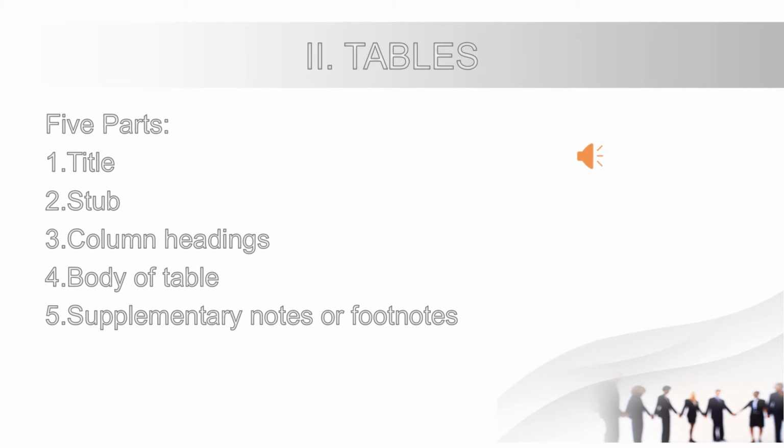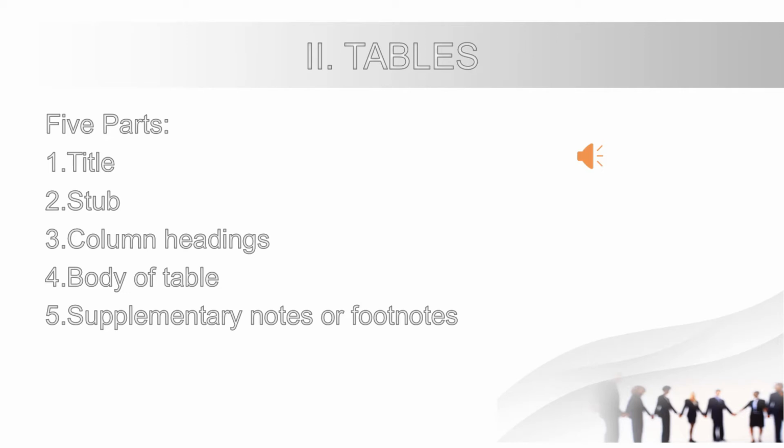The first is the title. The title speaks about the contents of the table. It should be concise and precise, with no extra details, and it should be written in sentence case.